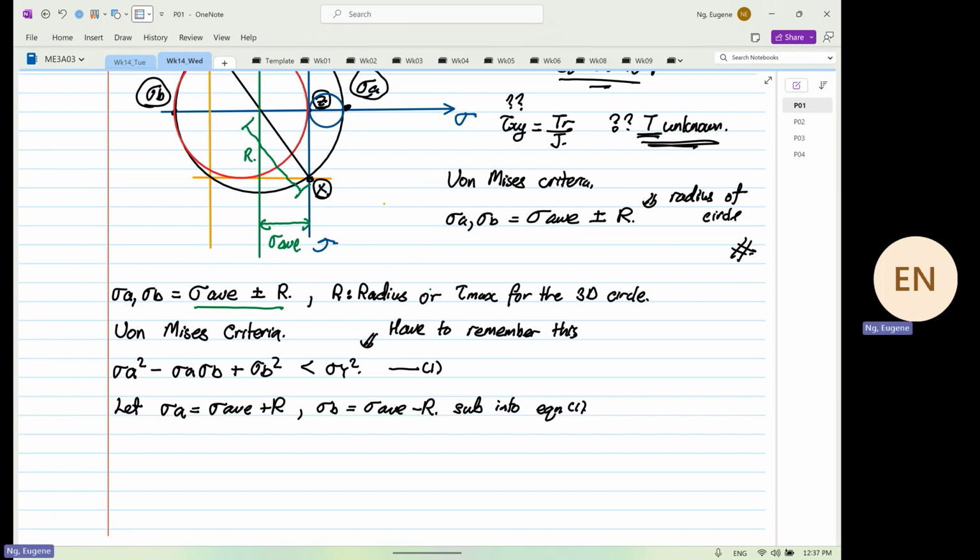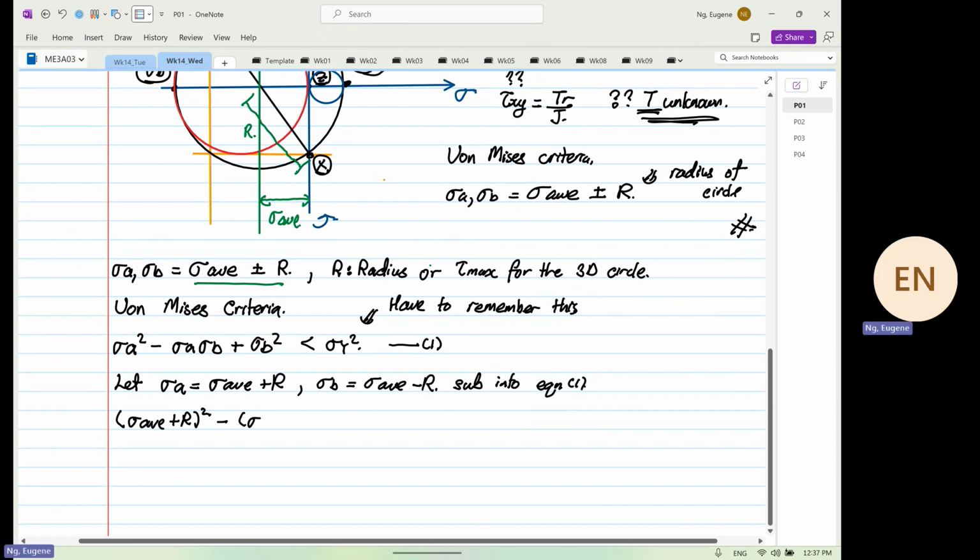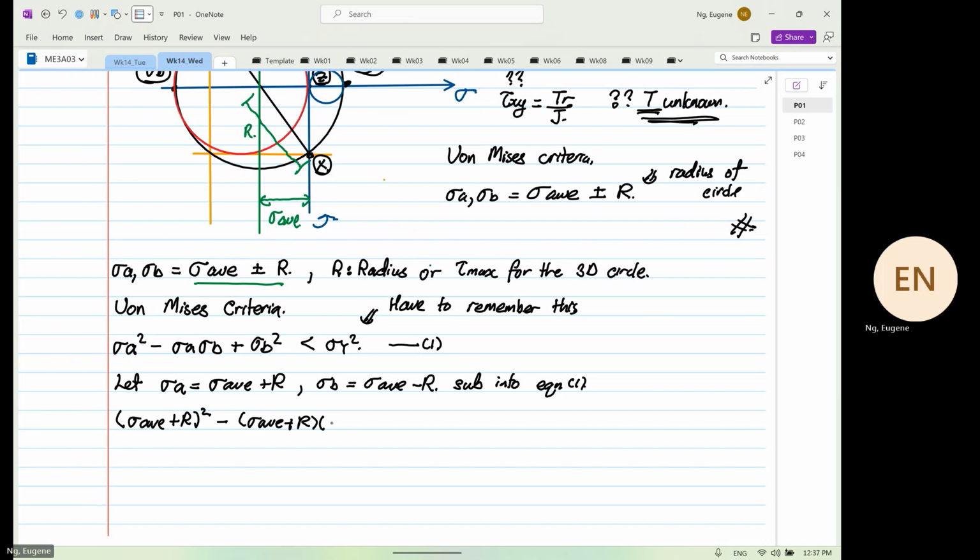So from here on, we just put stress average plus radius squared. Then we minus stress average plus R times stress average minus R. And then we have stress average minus R squared. Okay, and then we know that the whole thing has to be less than stress U squared.